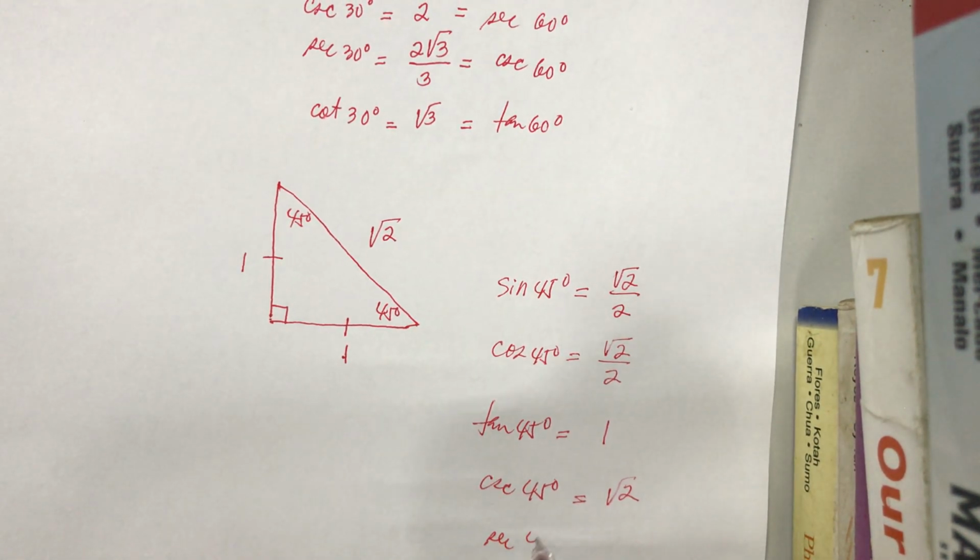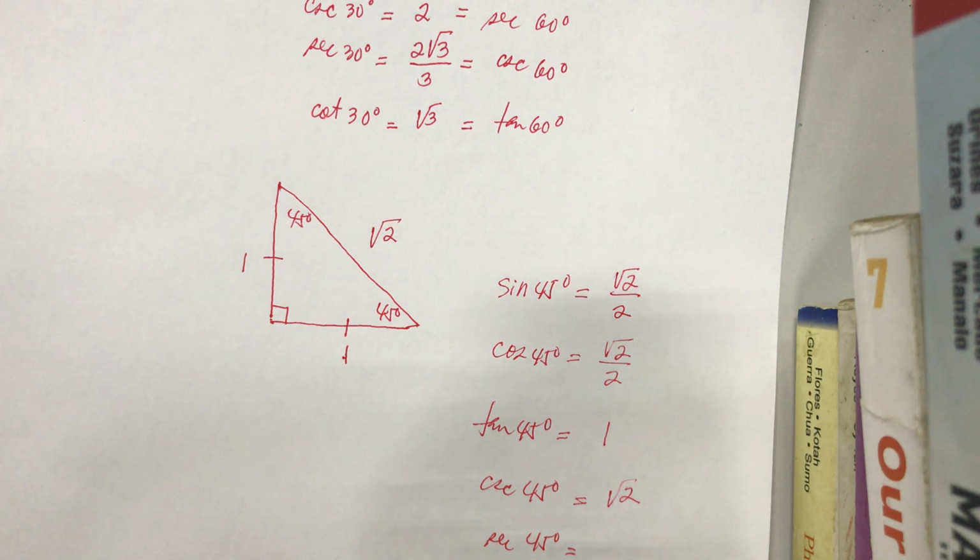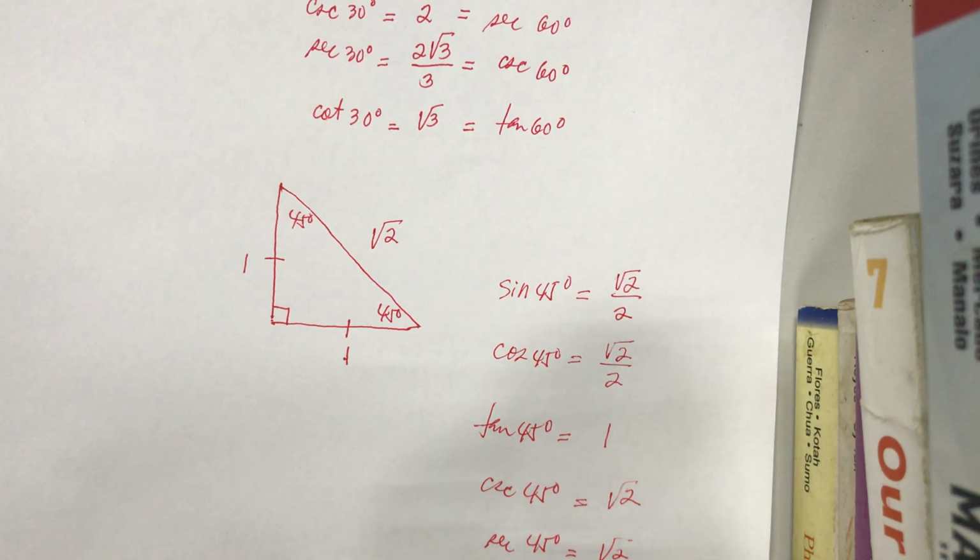Secant 45 degrees, which is the co-function of cosecant 45 degrees, is also square root of 2. Another way of reasoning is that secant and cosecant are co-functions.